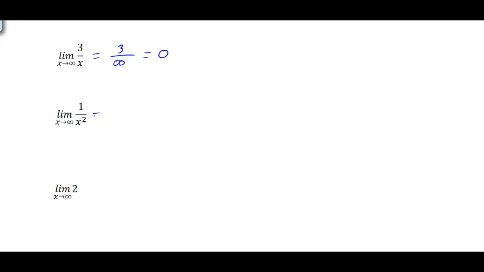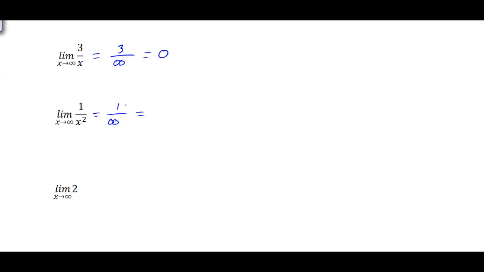All right, the next example, what do you think is going to happen if we look at the limit of 1 over x squared? Because we square the denominator, that means we would have 1 over infinity squared, which is still just going to be infinity. It's just actually going to go to 0 at a much faster rate.